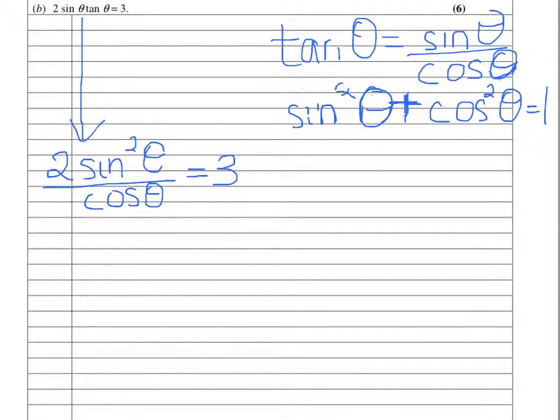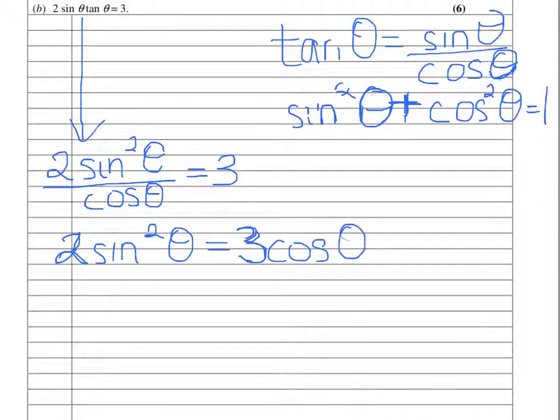Now I don't want to have a function on the bottom of a fraction, so I'm going to multiply both sides by cos theta, so that I get 2 sine squared theta equals 3 cos theta. Now I've still got 2 trig functions in here. And I really just want to have one trig function, as that will allow me to find out what theta is. Now I can get rid of sine squared theta if I use this. I can rearrange that.